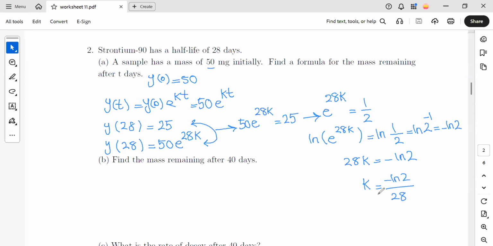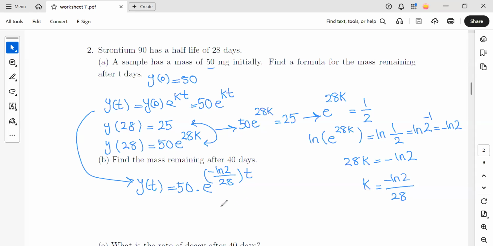We would keep this one here as a quotient, and we are going to replace it back to find the model. Let me write this one here. So y of t will be 50 as the initial value times e to the power negative ln of 2 over 28 times t.